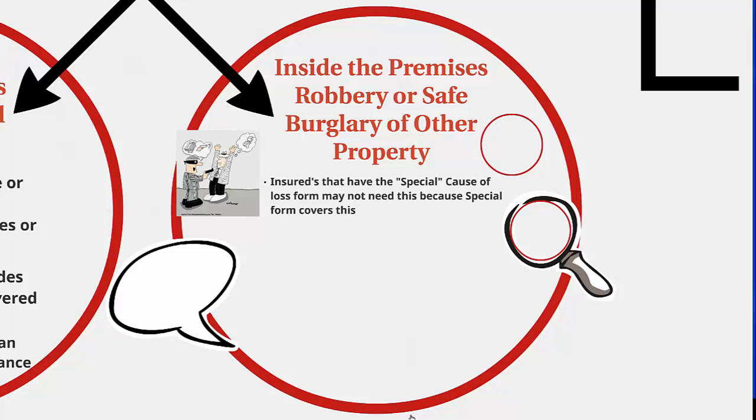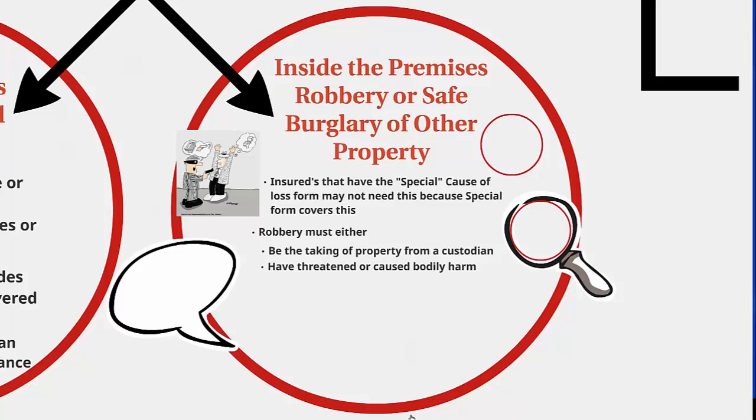The insured that has the special cause of loss form may not need this because the special form actually would cover this type of loss. Robbery must either be the taking of property from a custodian, have threatened or caused bodily harm, or be an unlawful act witnessed by a custodian.